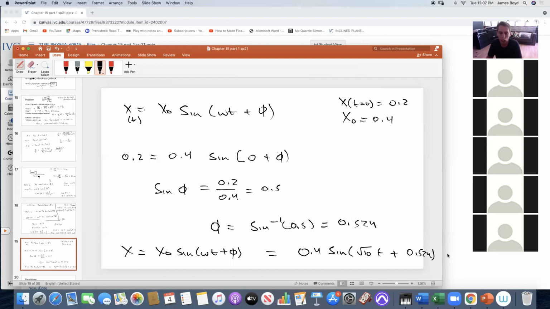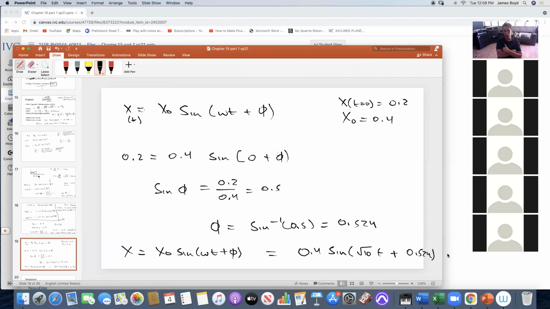If we plug in t is 0, 0.4 times sine of 0.524 is 0.2. So it doesn't matter whether you choose sine or cosine to be the function. Turns out they both work. They just have different phases of where they start. That's a little weird, right?